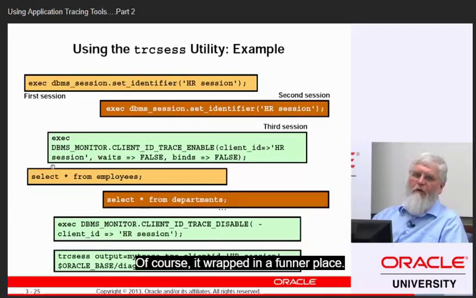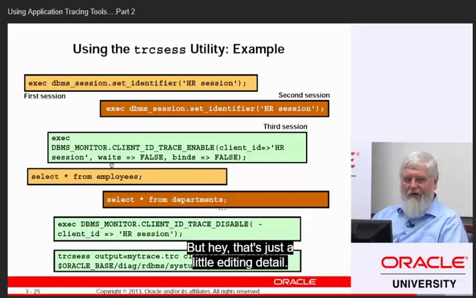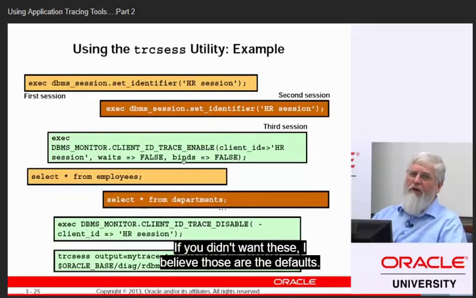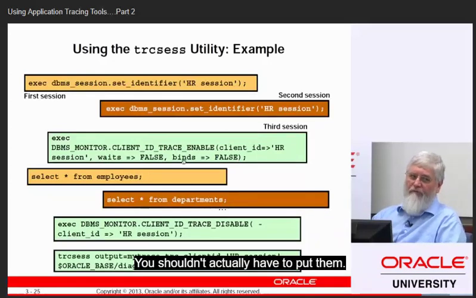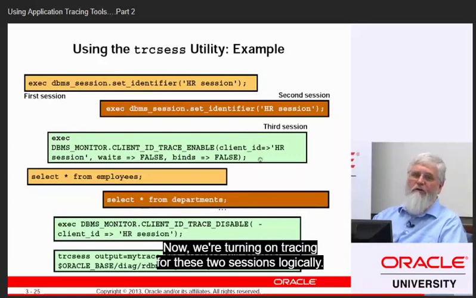You don't want to wrap it in the middle of a string, but hey, that's just a little editing detail. Okay, waits equals false, binds equals false. If you didn't want these, I believe those are the defaults. You shouldn't actually have to put them in, but they put them in just to say you can control it the way you want.